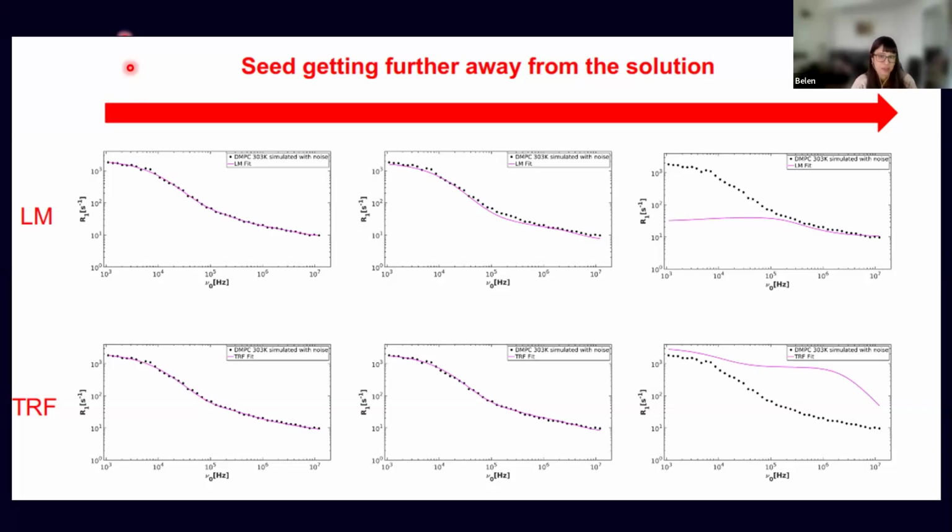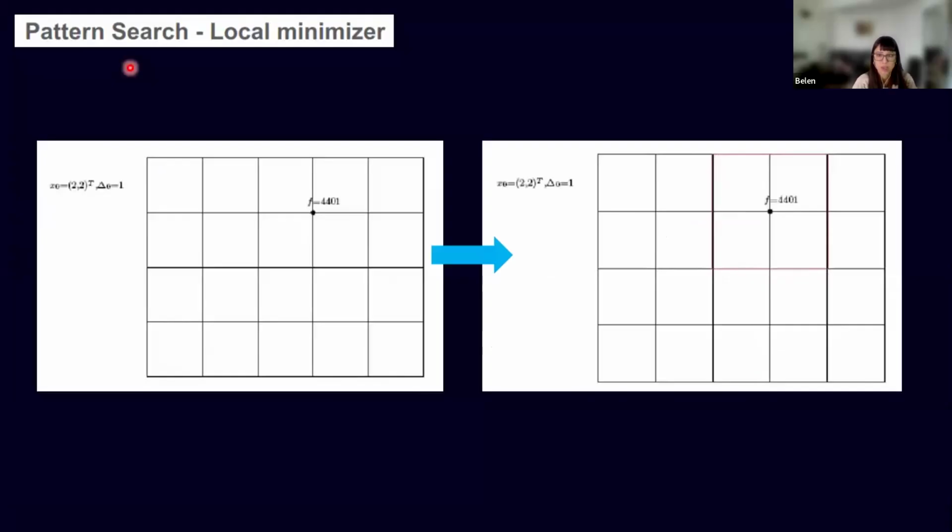And this is the method that Esteban mentioned, the pattern search method, which is an adaptation of the directional method from the 60s. I will try to explain it briefly. Pattern search is an intuitive way to find the minima of a function. We start at a point, our seed, on a grid, and we pick a step size.